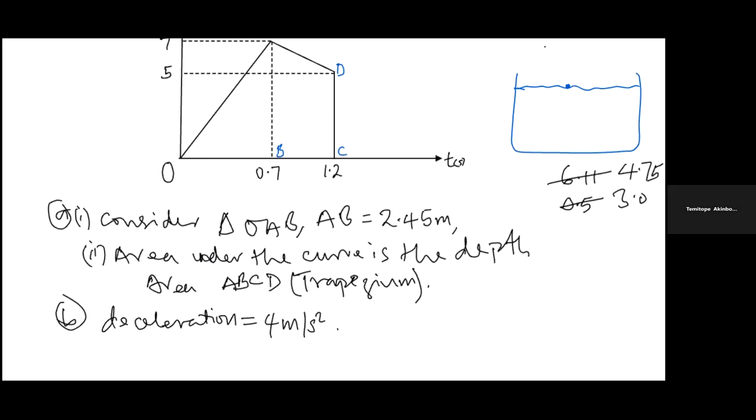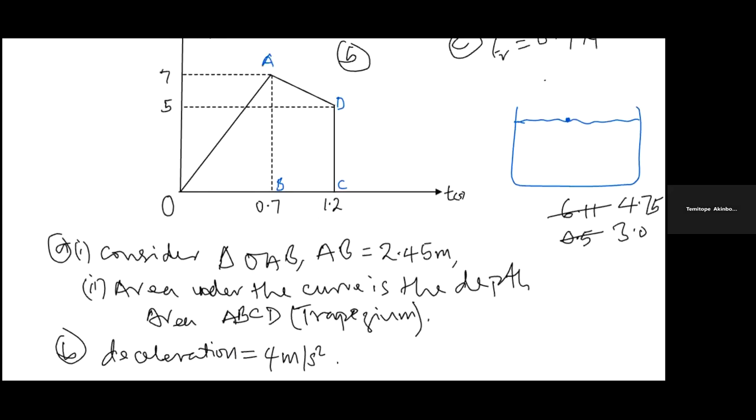And what part is the deceleration in the diagram? From A to D. Very good. So you just find the slope or gradient. The distance here will be 1.2 minus 0.7, then the distance here will be 7 minus 5, so change in y over change in x.